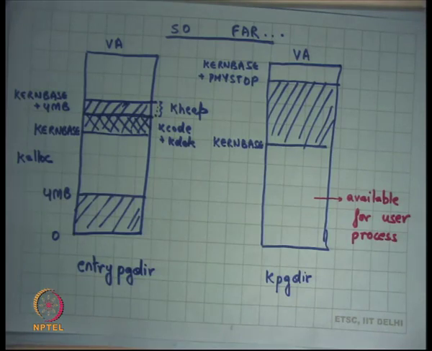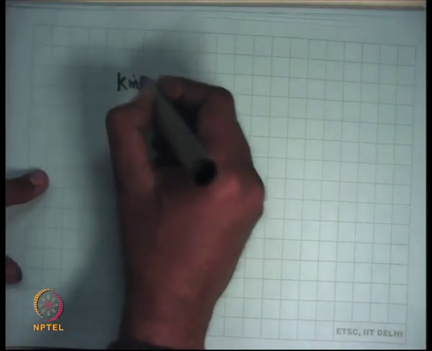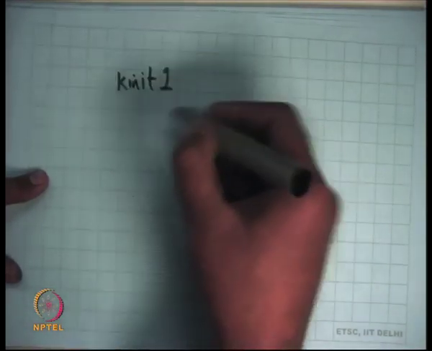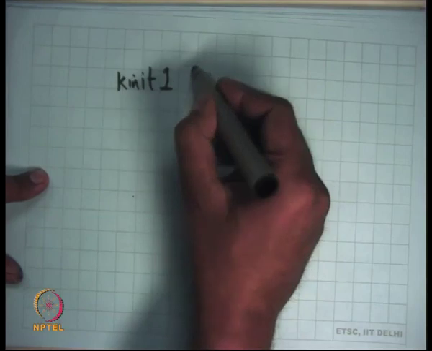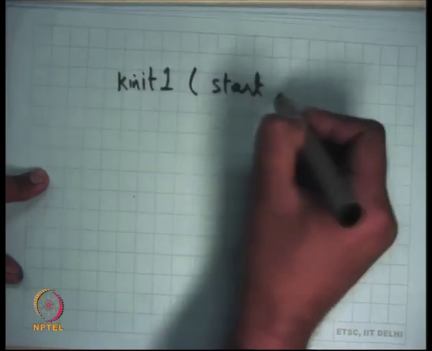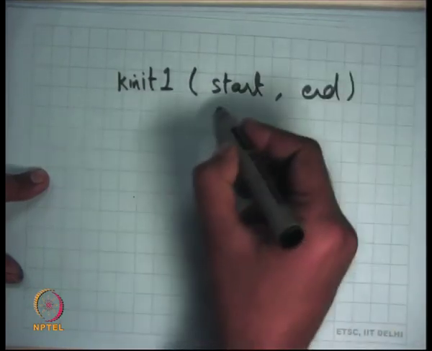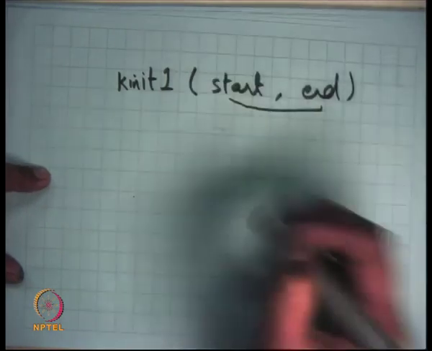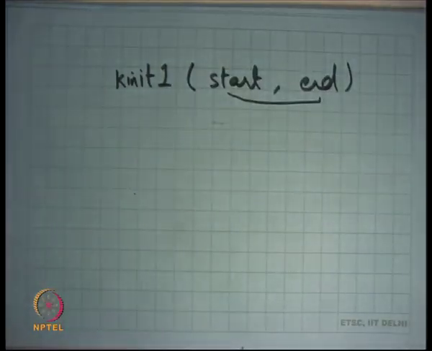And now your allocator and deallocator work using kalloc and kfree. So basically the function kinit1 simply takes a start and an end address and iterates over this address range, and each page that it sees in that range it just adds to the free list using kfree.